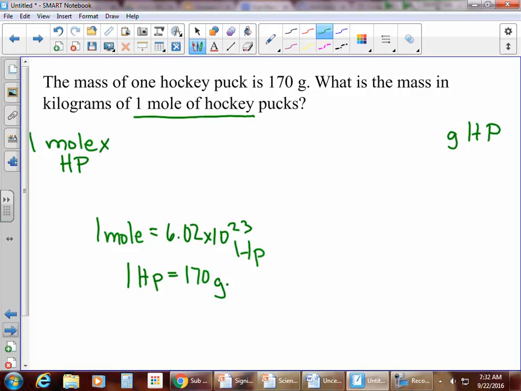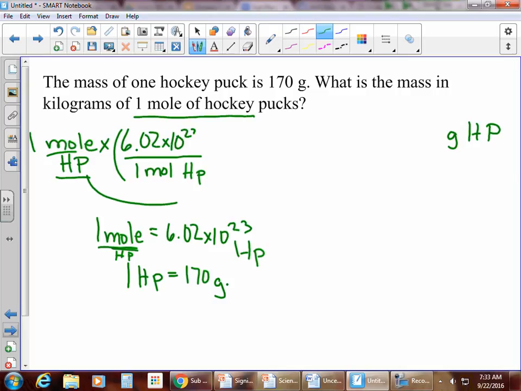When I set up my first conversion factor, whatever I have here has to go on the bottom. So 1 mole of hockey pucks on the bottom, and 6.02 times 10 to the 23rd hockey pucks on top.